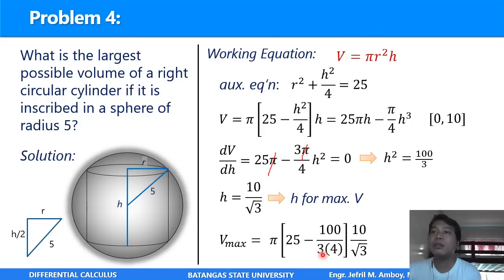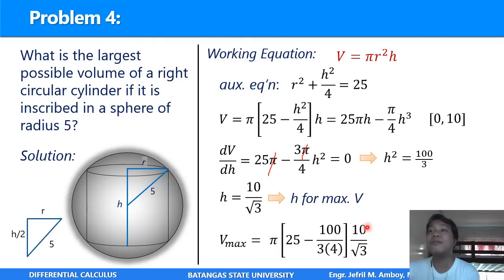Okay, so pag itong term na ito na nasa loob ng parenthesis, simplify mo, that's 25 minus 100 over 12. Kung na mental math mo, edi ikaw na yung magaling. Pag kumuha ka ng calculus, makuha mo dyan, wait, that's 50 over 3. So, pi times 50 over 3 times 10 over square root of 3. So, 50 times 10 is 500 rather.